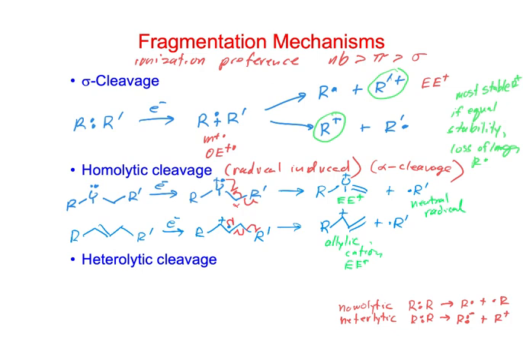All right, so we'll look at more examples as we go, but let's look at this other one, the heterolytic cleavage. This is going to be a cation-induced mechanism. So from this radical cation, instead of showing a mechanism that uses the radical, we're going to have a mechanism that uses the cation.